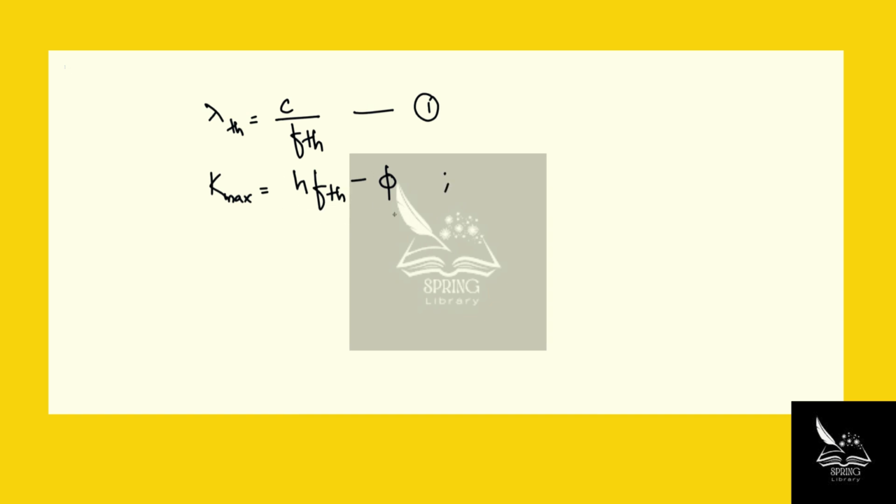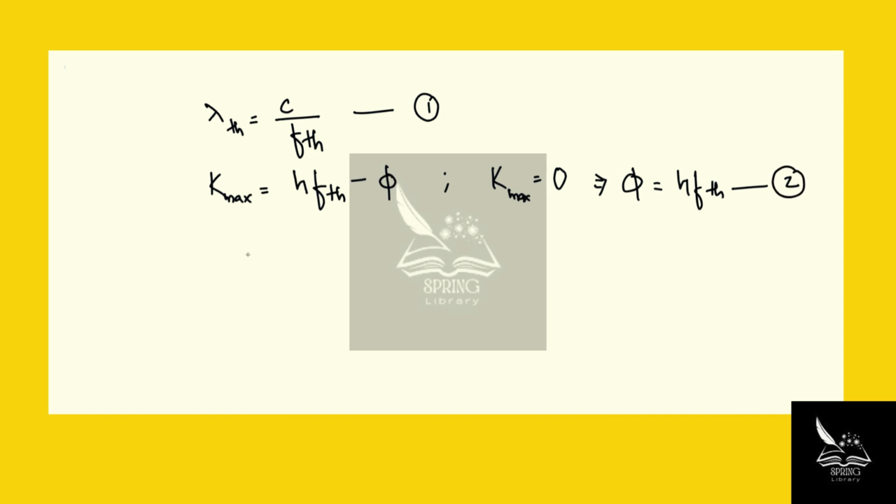Since we are using threshold frequency, we know that at threshold frequency maximum kinetic energy is zero, because there may be emission of photoelectrons, but there is no kinetic energy associated with the emitted photoelectrons. So this means that phi is equal to h times the threshold frequency. We need to find phi in order to find the threshold frequency. Now let's call this equation 2. We will need to use this later.